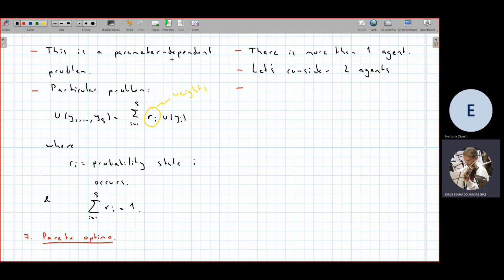So we have a certain supply of resources, which you may think of as, for instance, money. And that's represented by omega.